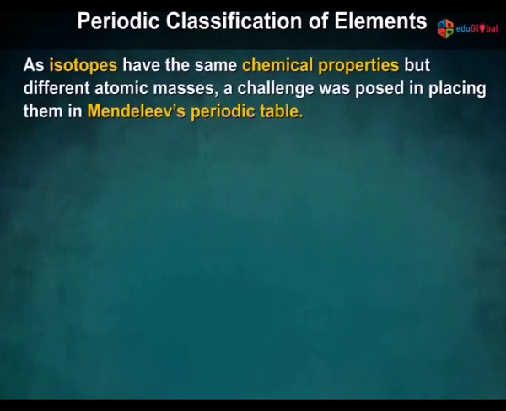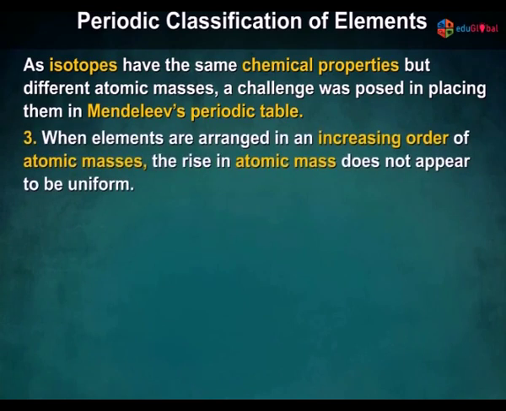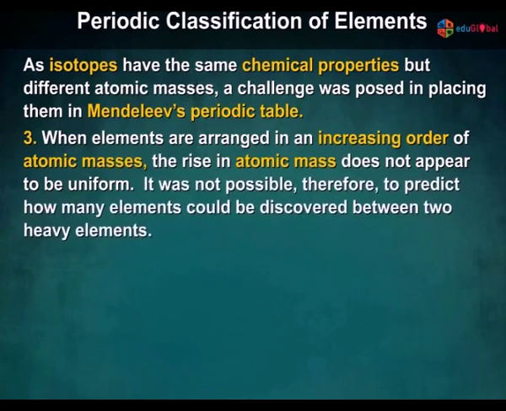As isotopes have the same chemical properties but different atomic masses, a challenge was posed in placing them in Mendeleev's periodic table. 3. When elements are arranged in an increasing order of atomic masses, the rise in atomic mass does not appear to be uniform. It was not possible, therefore, to predict how many elements could be discovered between two heavy elements.